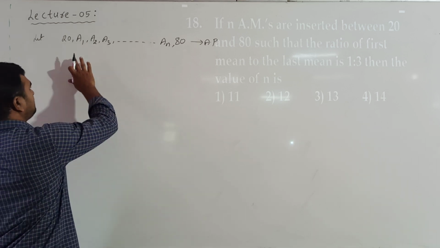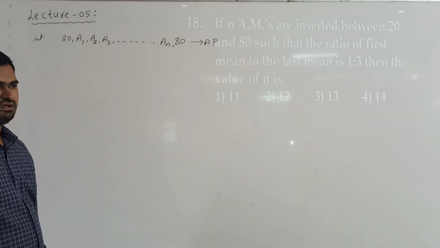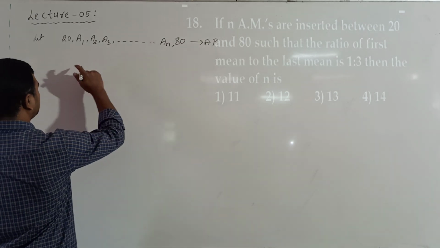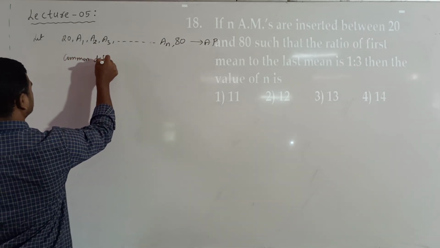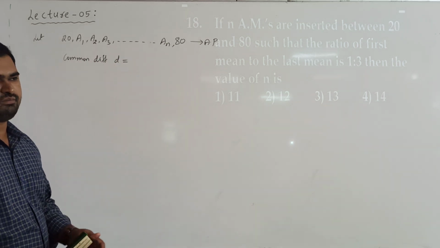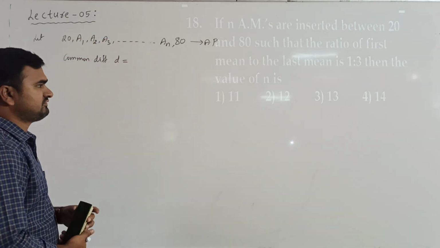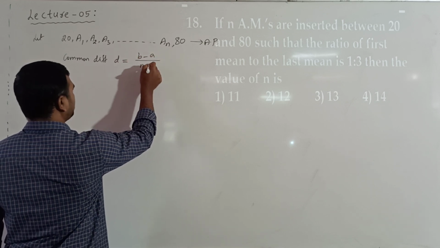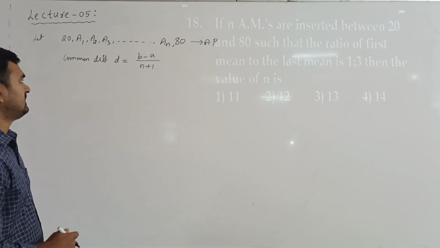Now for that, this is an arithmetic progression. First term we know is 20. Now we have to find the common difference. How to find the common difference? We know the formula. When we are inserting n arithmetic means between a and b, d is equal to b minus a divided by n plus 1, where a is the first term and b is the last term.